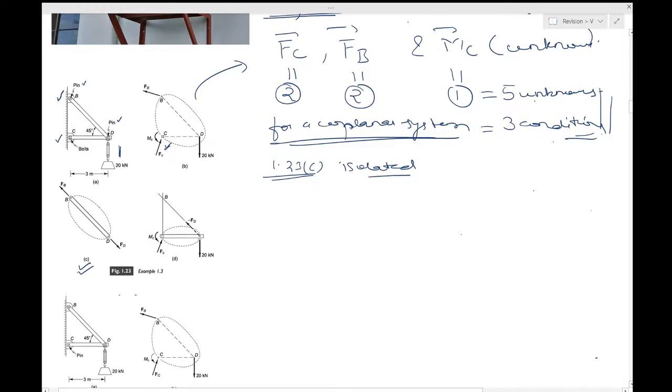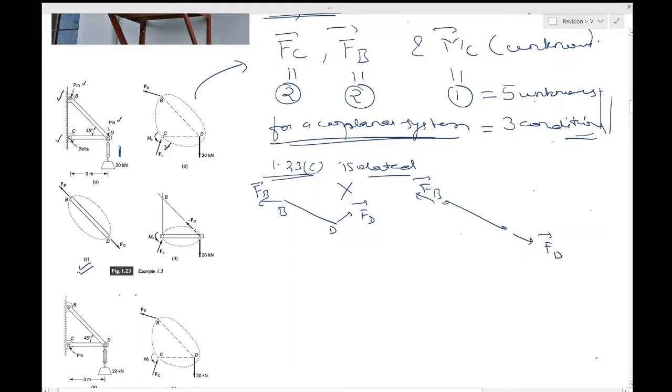You have already known that if there is a solid and there are forces, say FB and FD, and this bar has to be in equilibrium, then these forces cannot be arbitrary and they must lie along the same line.